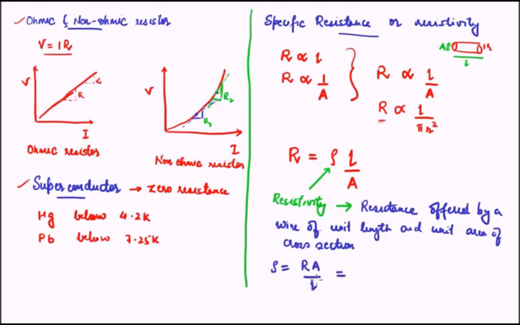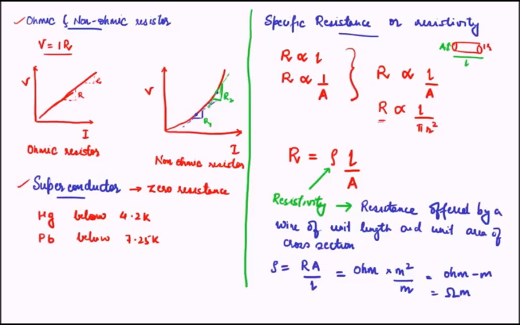Now if we extract the units from here, resistance is ohm, area SI unit is square meters, and length is meter. So resistivity can be written as ohm meter. So this is the unit of resistivity.